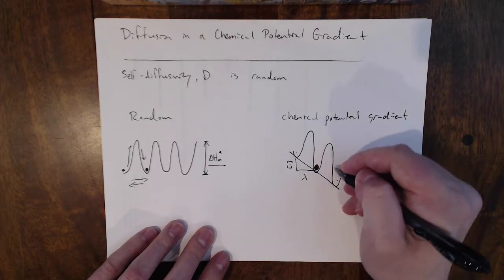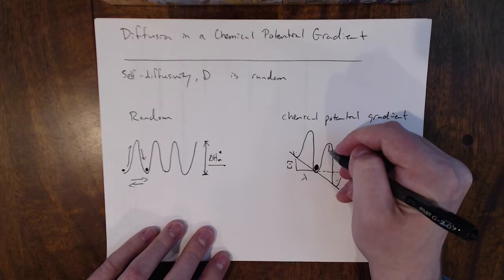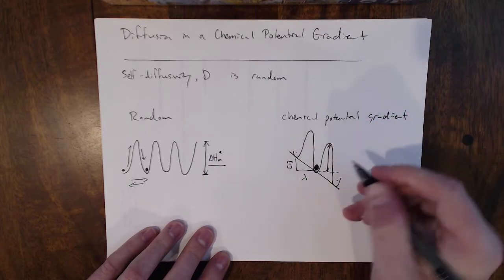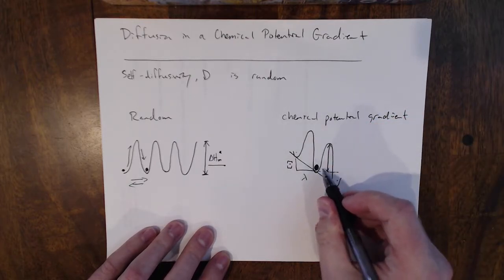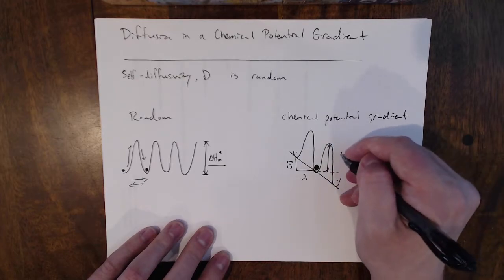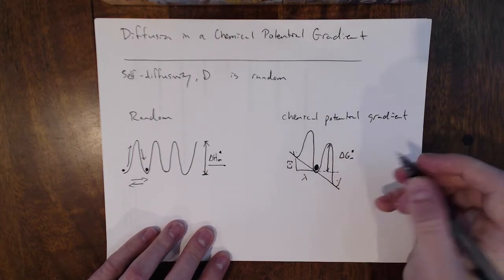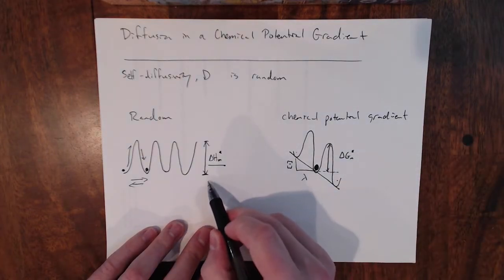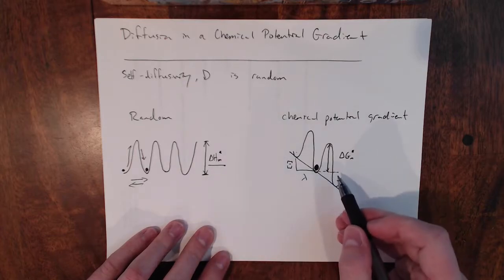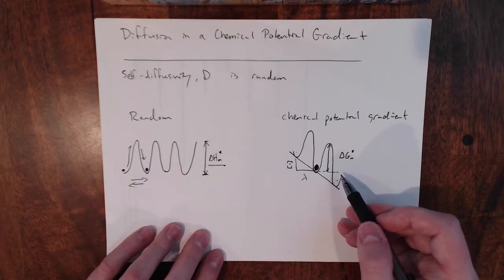The value from where the atom sits to the top of this peak is going to be delta G m. Over here I was looking at enthalpy; here I've switched to Gibbs energy, for a more accurate view of what we're looking at.